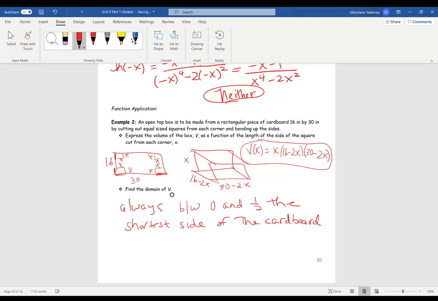So what we're doing, domain would be between 0 and 8. The shortest side of the cardboard is 16. Half of that, half of the 16 is where we're getting the 8 from.